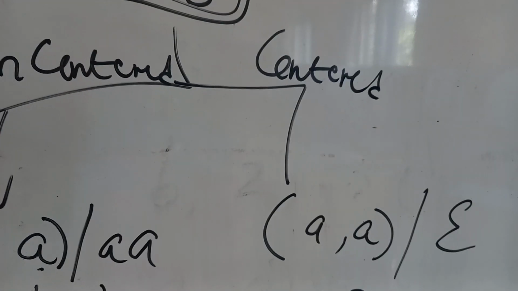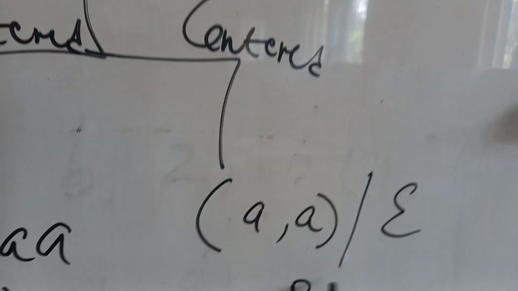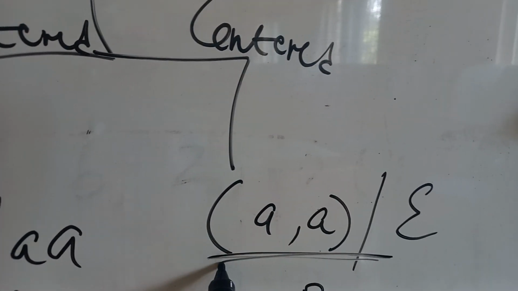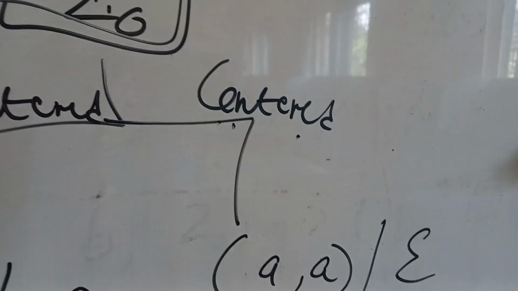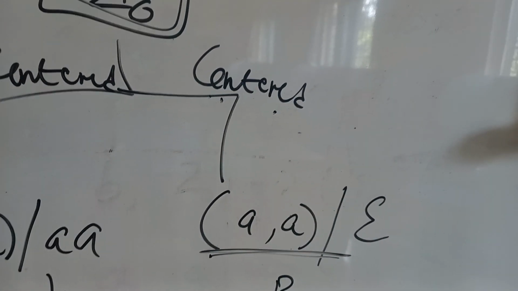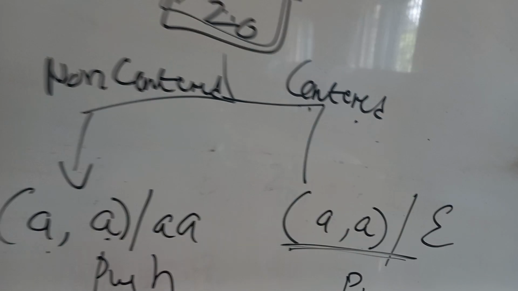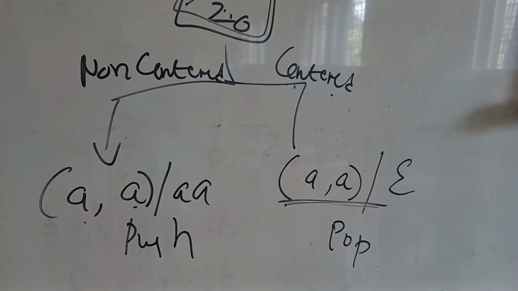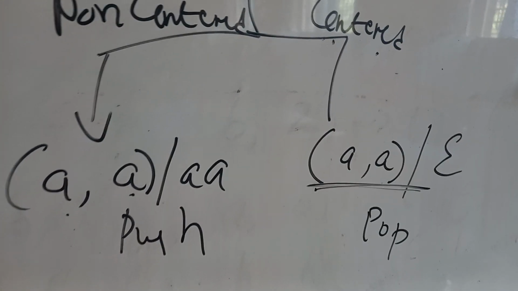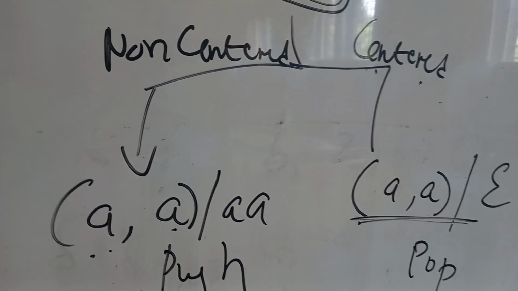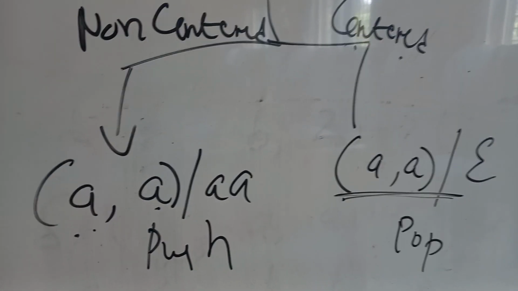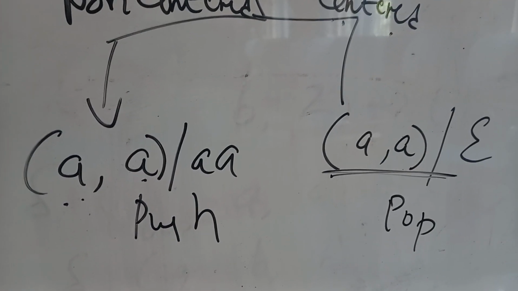So after the center, we use this pop operation in order to identify the center point. After the center point, we will perform the pop operation in order to get the palindrome of a given language. Okay, since we have two transitions for the same input symbol, because of this reason, this language belongs to the non-deterministic push down automata.